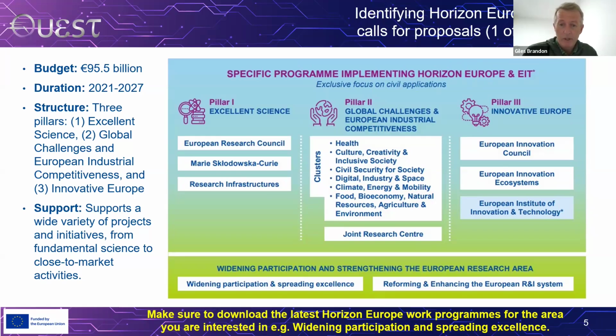Moving on to pillar 2, global challenges. What you'll see is there are these 6 clusters spanning everything from health through to food, via civil security and digital. This is the area of the program where you have these 6 clusters, these thematics, and they tend to be very top-down driven in a sense.